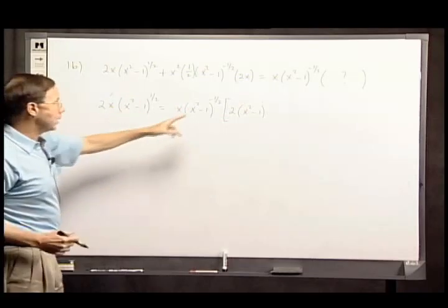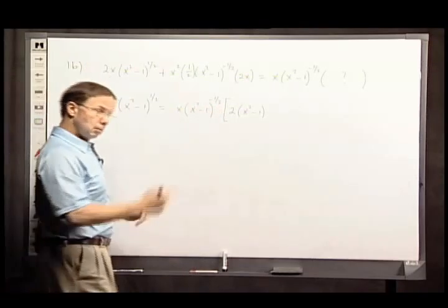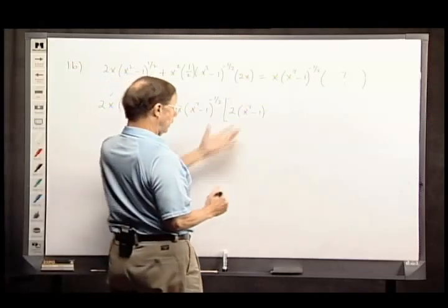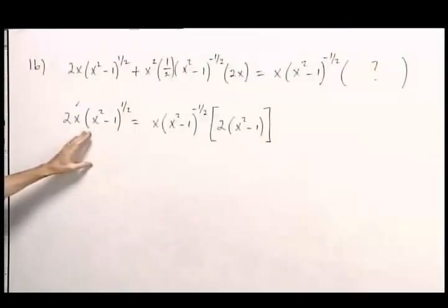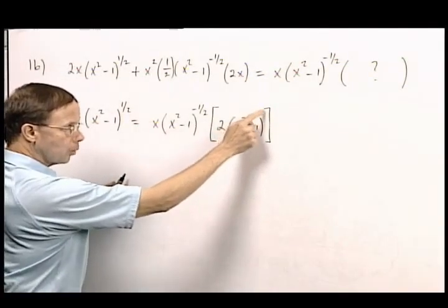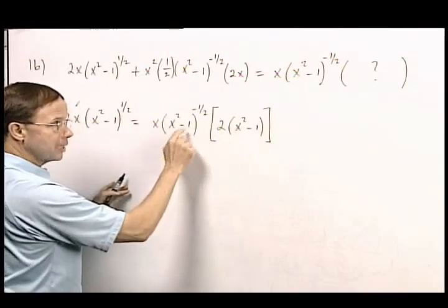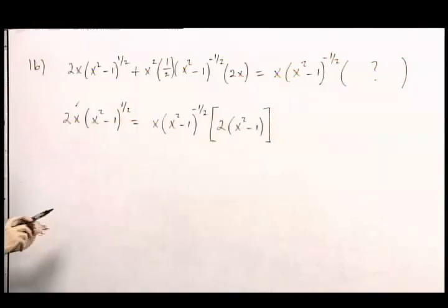What do you have to add to negative 1/2 to get a positive 1/2? 1 will do it. And so that is the only factor I need to achieve this. And notice, yes, when I multiply this with a 1 exponent times this with a minus 1/2, 1 minus 1/2 does in fact give me a plus 1/2. Perhaps you're not used to doing it, but it's really nothing all that different from what you've been doing.